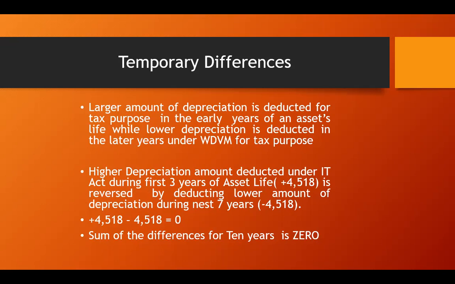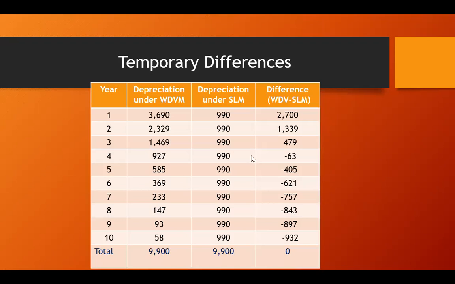Higher depreciation amount deducted under the IT Act during the first 3 years of asset life, 4,518, is reversed by deducting a lower amount of depreciation during the next 7 years. This is minus 4,518. Means plus 4,518 minus 4,518, which is equal to 0. So the sum of the differences for 10 years is 0. This table is very important. If you add the first 3 years total plus the next 7 years total, finally we get 0.